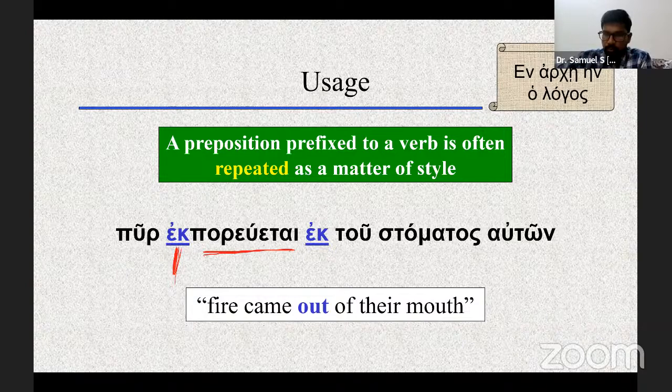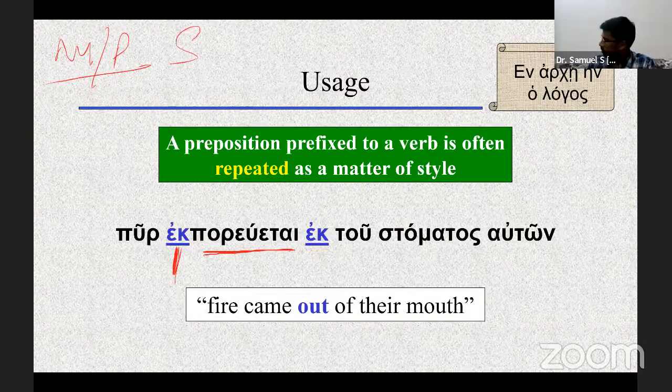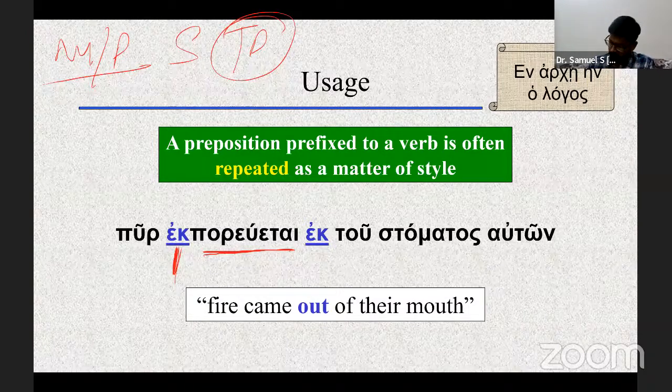Middle passive, singular, third person, present tense, indicative. What's the lexical form?